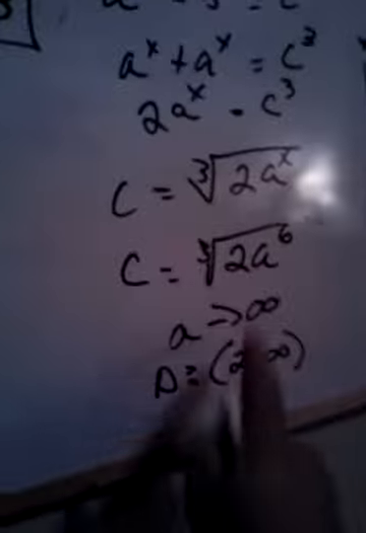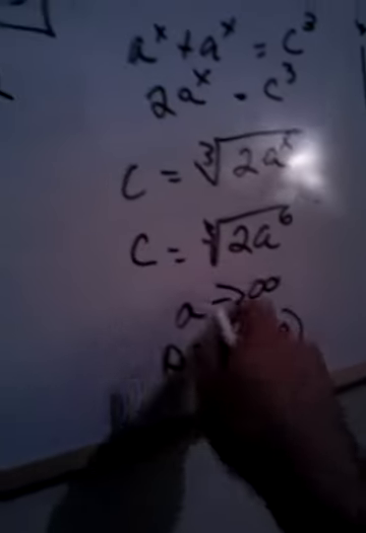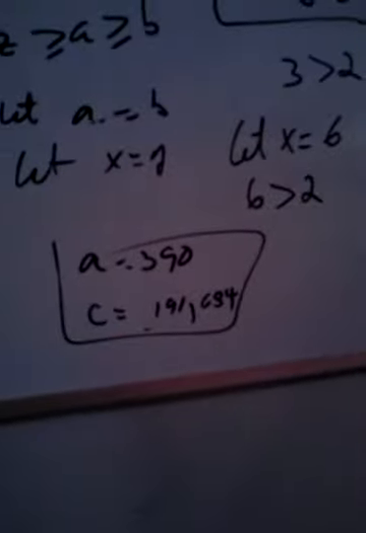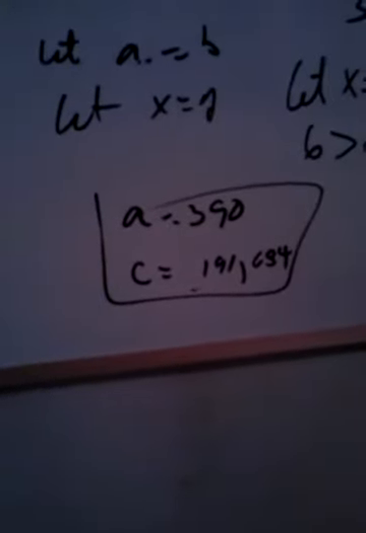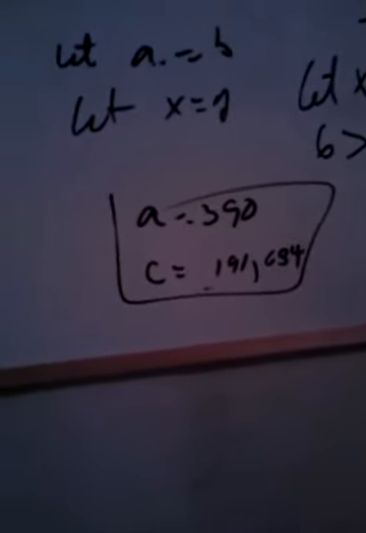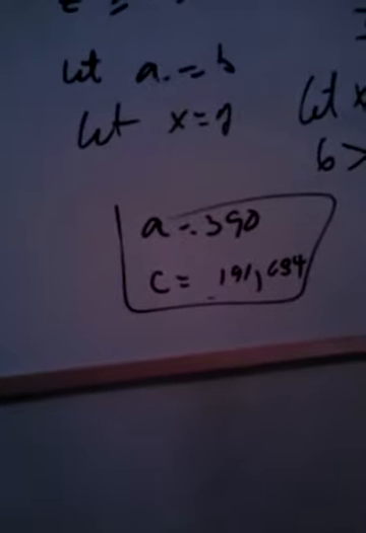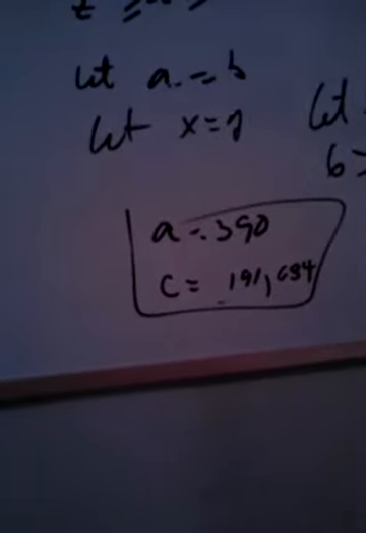I started entering values in this function of A until I got back an answer for C that was a whole number, an integer. It also had to have a prime factor of 3. So this is the first solution.